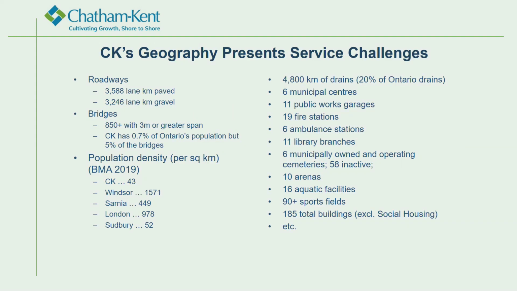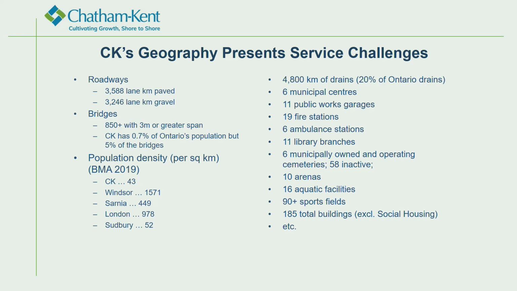So Chatham-Kent's large size and geography present numerous challenges to the municipality and its overall budget. This slide highlights that many areas where Chatham-Kent is unique and the reasons why it's difficult to compare Chatham-Kent to any other municipality. While Chatham-Kent only has 0.7% of the Ontario population, we have over 20% of the municipal drains in Ontario and over 5% of the bridges.